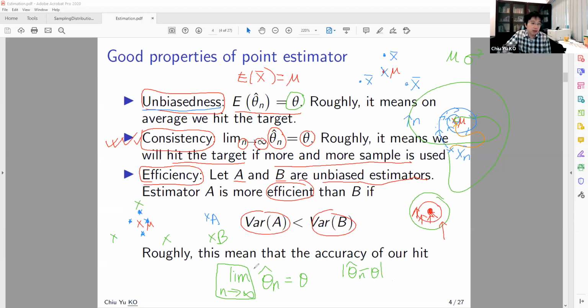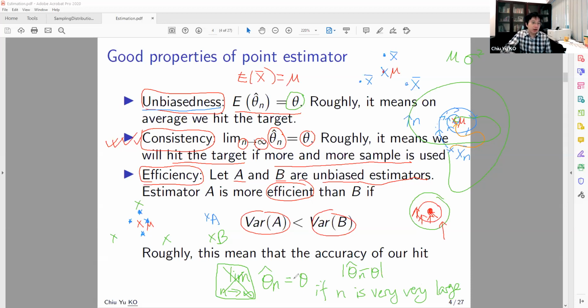So limit just means, roughly, you can say this will become this, or as close as you want, if n is very, very large.